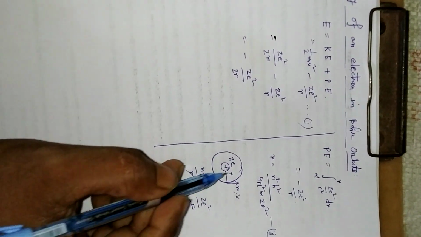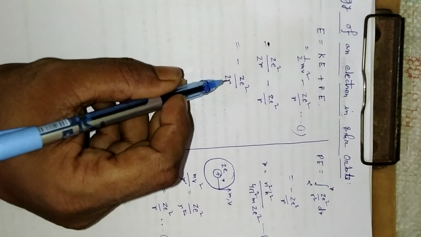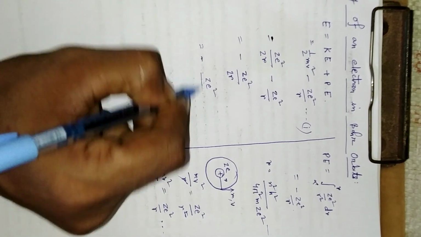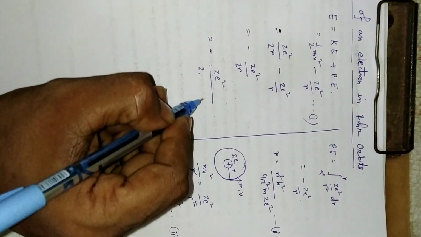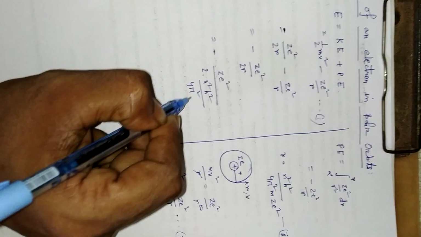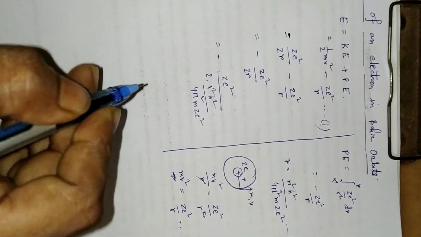Now if we put r in this equation, we get minus z square by 2 into n square h square by 4 pi square m z square.